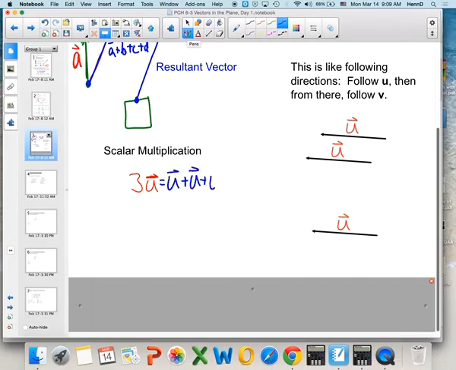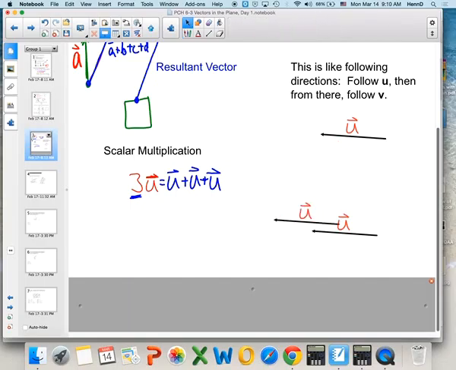Scalar multiplication means we are multiplying a vector by that scalar 3. So to do that graphically, I draw a u, and then I put another u after it, and I put another u after it. So describe for me what my result is. What happens here?